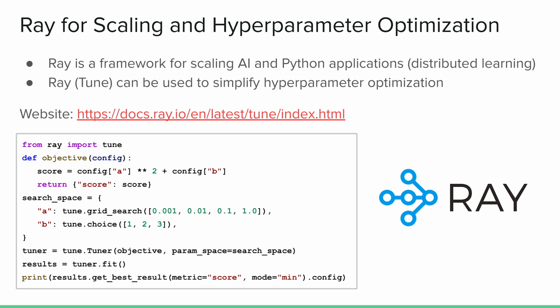And then you let Ray Tuner, here this tuner, fit your objective with whatever hyperparameters in this search space you've given, and it will try to find the hyperparameter combination that yields the best results given the objective that you've specified.